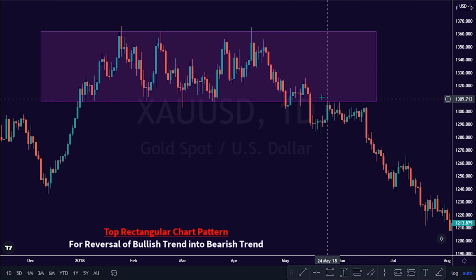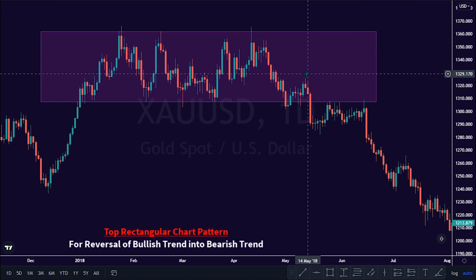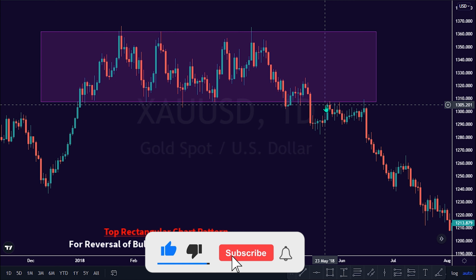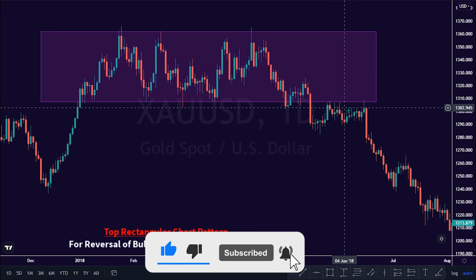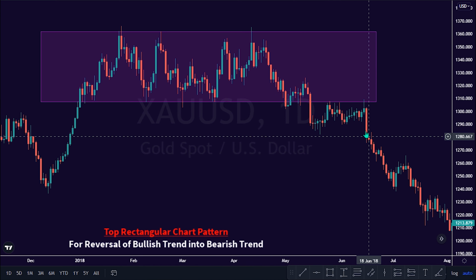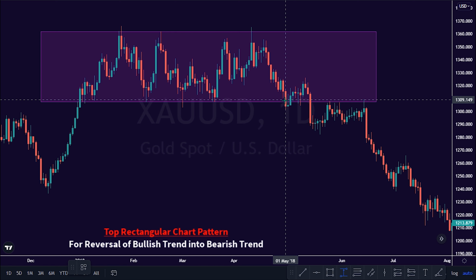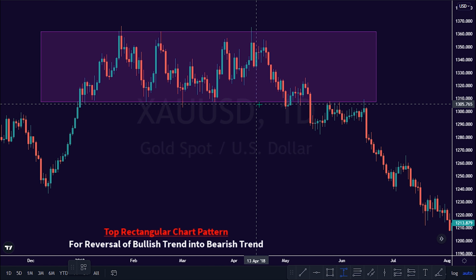The best zone to apply stop loss in this bearish setup would have been at the top of the last lower high here. There are 4 take-profit methods to determine our exit point in this bearish setup. Method 1. Take profit can be applied through taking the measurement objective of the top rectangular chart pattern.